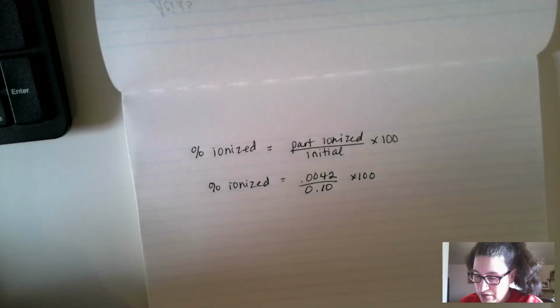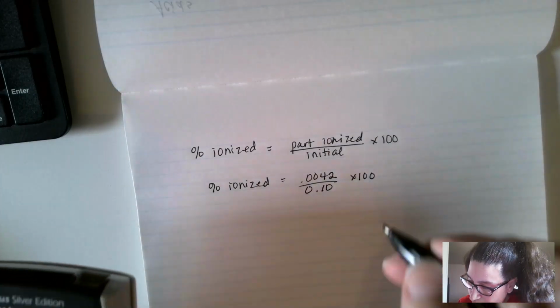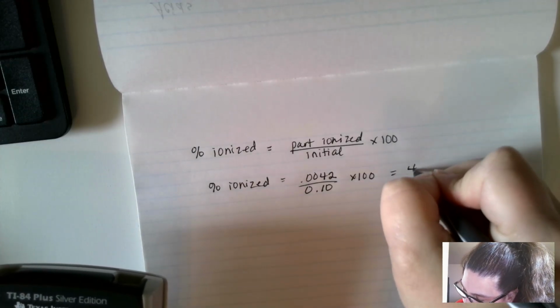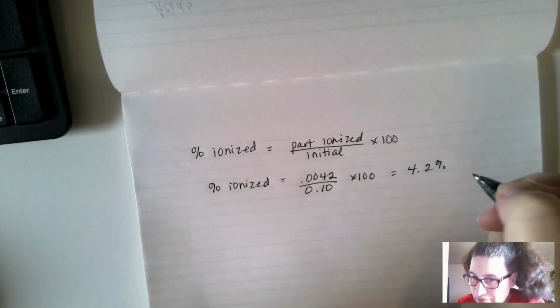So I would be taking 0.0042 divided by 0.1 times 100. This one would be 4.2%.